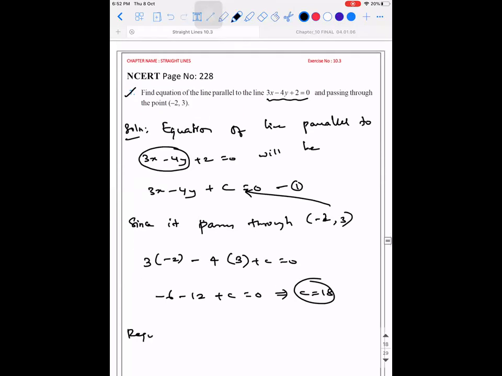So what will be the required equation? 3x minus 4y plus 18 is equal to 0. Okay. I hope it is clear.